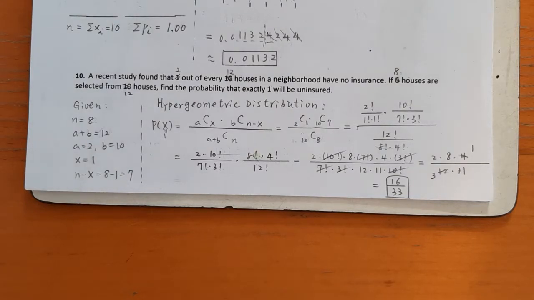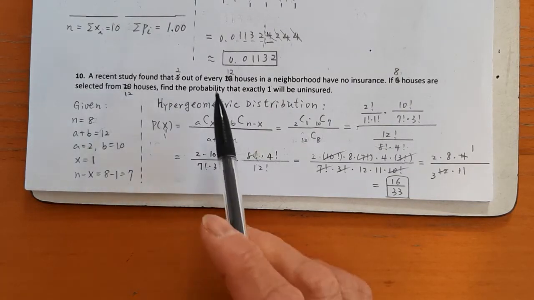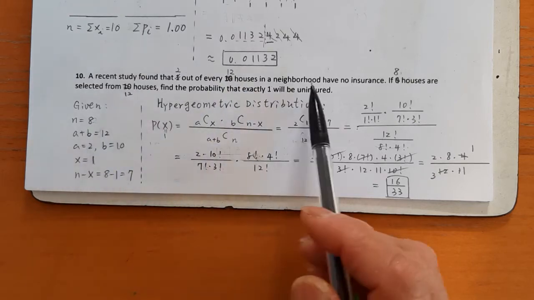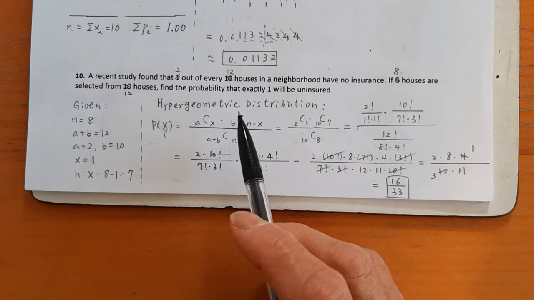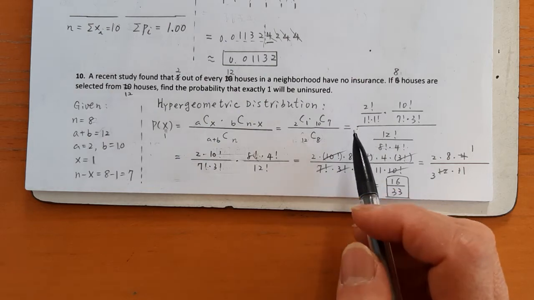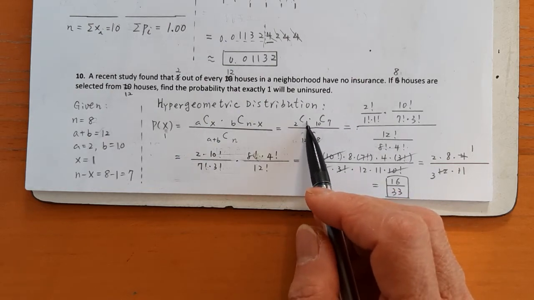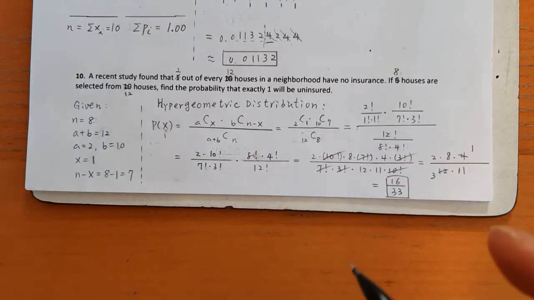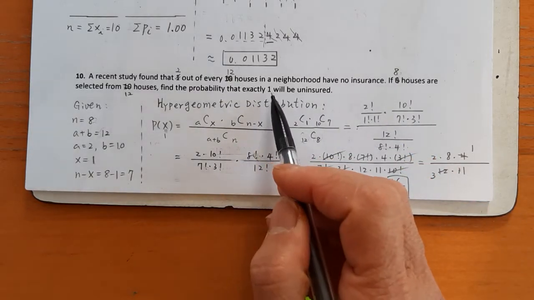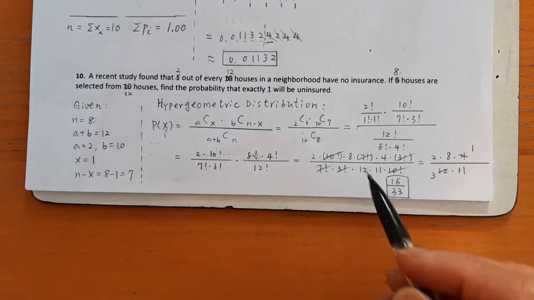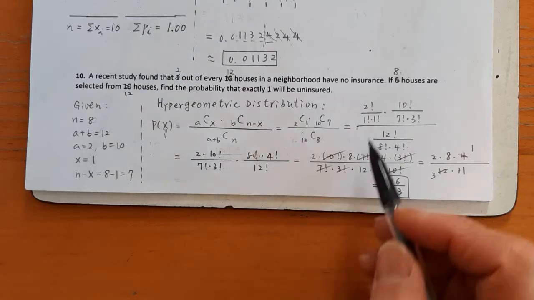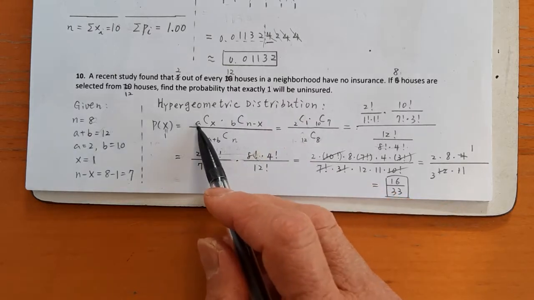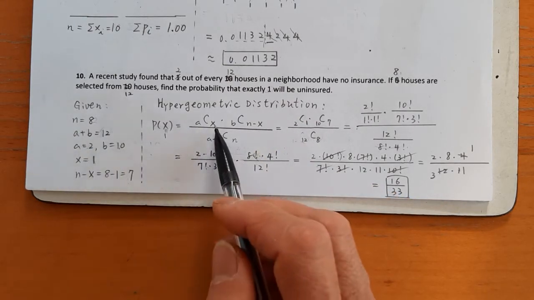From 12 houses, 2 houses have no insurance, and you just want to choose exactly 1. So you take 2 take 1, the combination C 2 take 1, where a is 2 and x is 1.